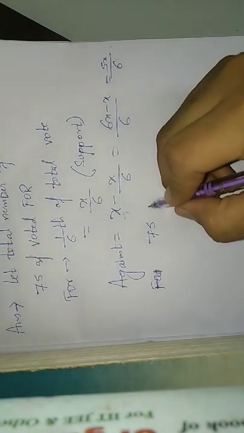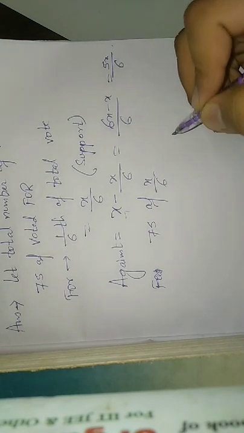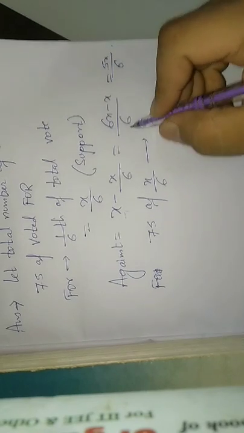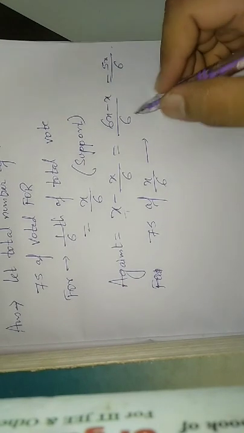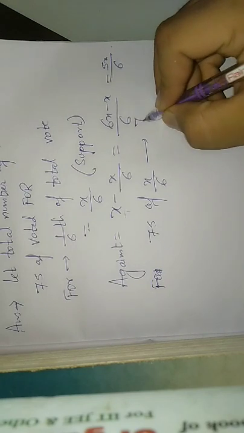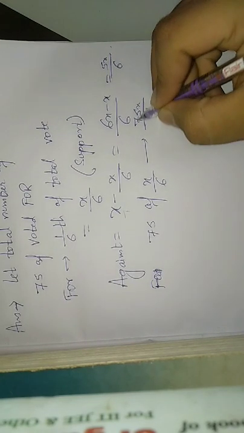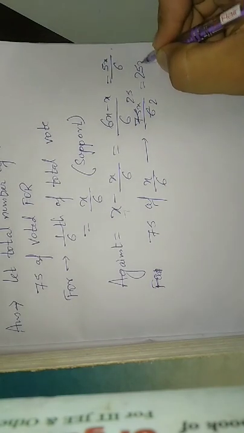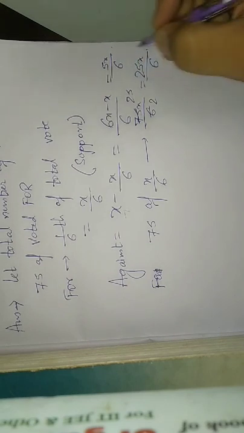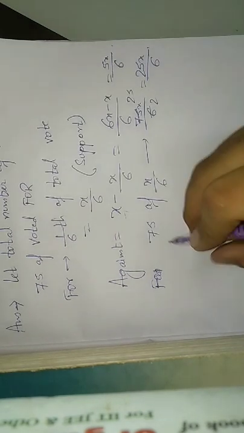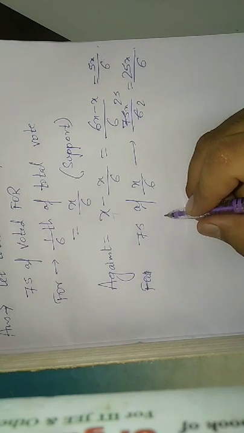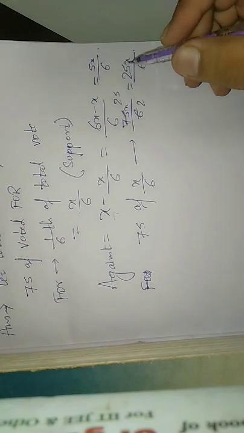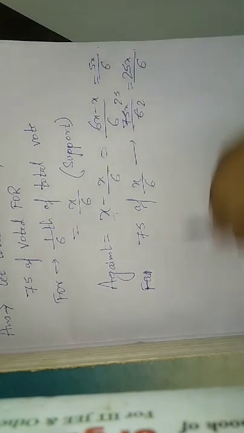So 75 of those who voted for the motion would have voted against it, means this is 75 x by 6, correct? Let's simplify it. 3 into 75 is 15, 3 into 6 is 2, so it's 25x by 6. This many people would have voted against it. So the motion would have been cancelled by 50 votes.